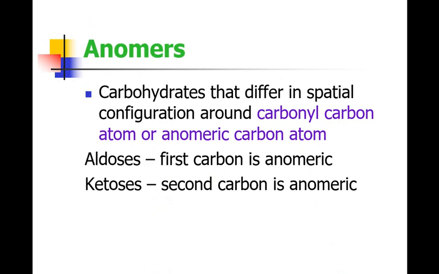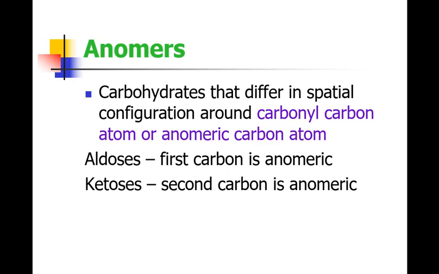Then another type of isomerism is anomerism. Carbohydrates that differ in spatial configuration around the carbonyl carbon atom or anomeric carbon atom. So carbohydrates that differ with respect to the configuration of only one carbon atom, that is the carbonyl carbon or anomeric carbon.